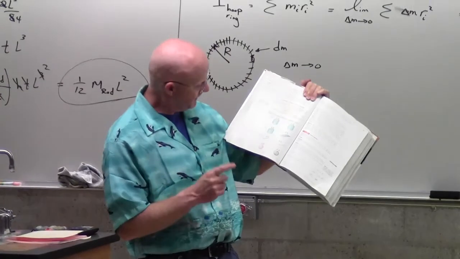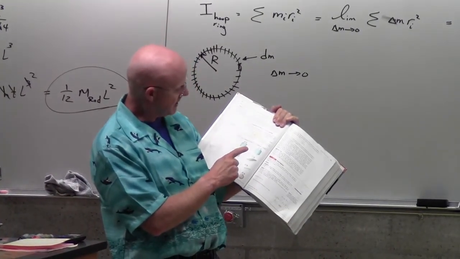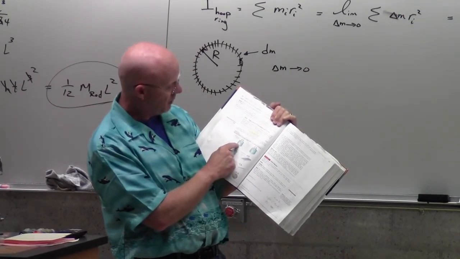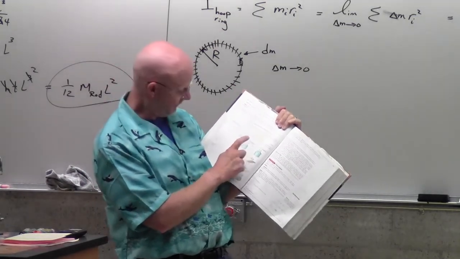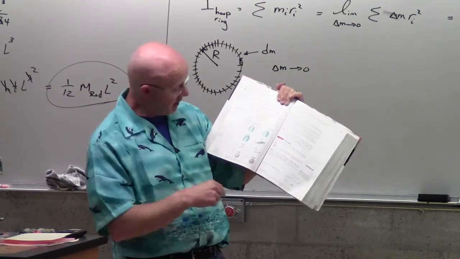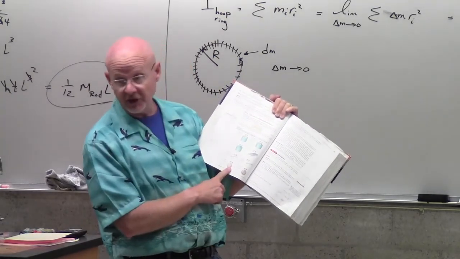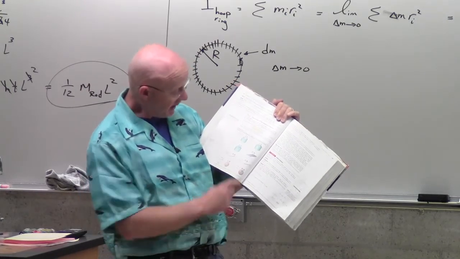We have done the disc that is solid and the hoop, or he actually calls it a cylindrical shell. So we've done that. We've also done the rod about its center. We have not done the sphere, and he does both a hollow sphere and a solid sphere. He does a plate.